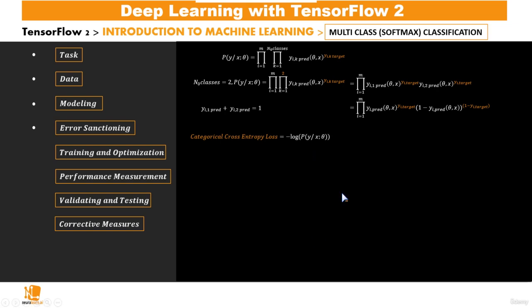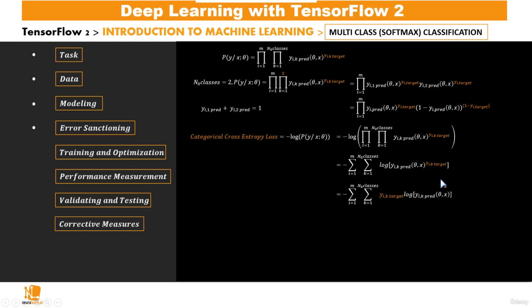Again, we are going to pass through the maximum likelihood estimate. So we have negative log of the probability distribution. We have negative log of this, which is what we had seen already. And then, since the log of a product is the same as the sum of the logs, we can go from this to this. So we have now log of this to the power of y_ik target.